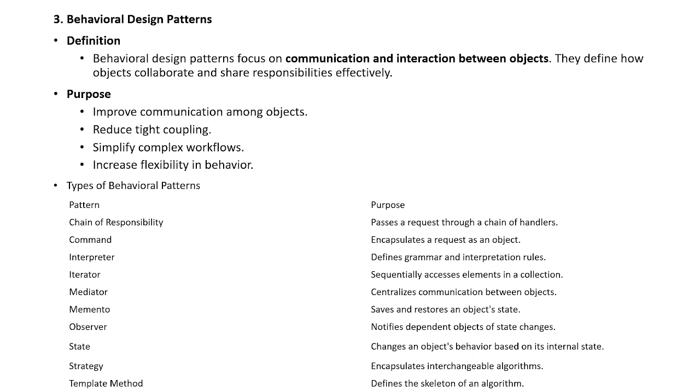Suppose I create an object in one class and there is another class: how are they communicating, how can we reduce tight coupling, and how can we increase flexibility? A few examples you can see here: command, interpreter, iterator, mediator, memento, observer, state, strategy, and template method.